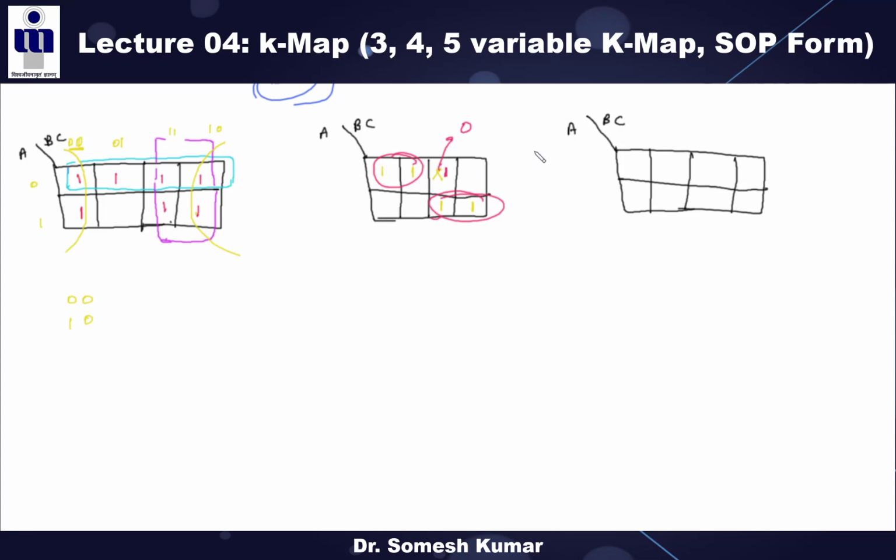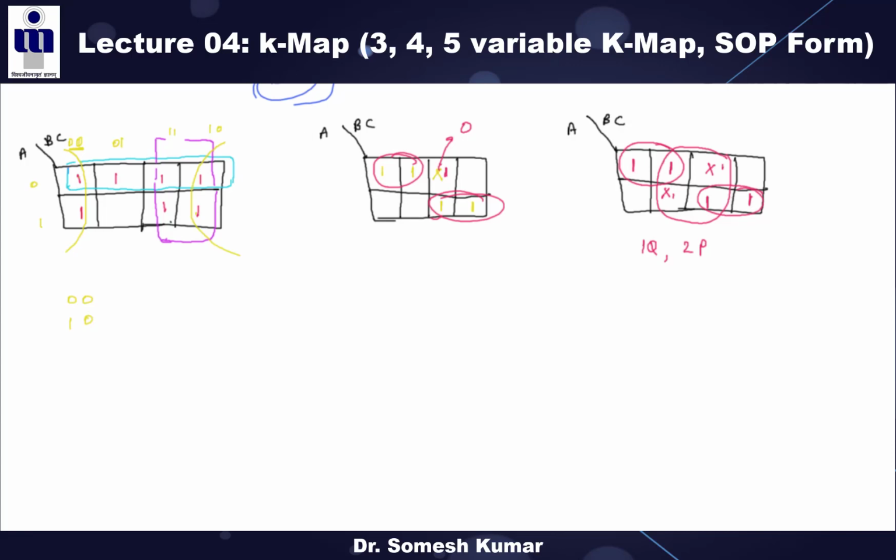Similarly here, this is 1, this is 1, these are don't care, and this is 1, this is 1. If you take it as 1 here, then you have to take 1 quad and 2 pairs.